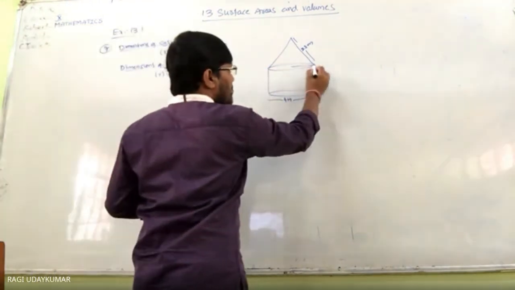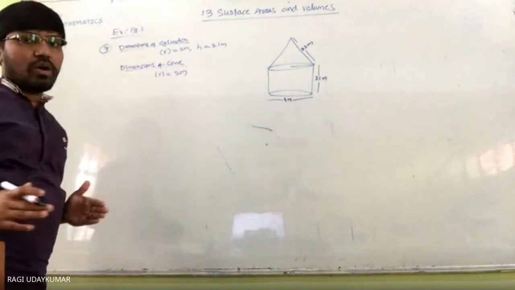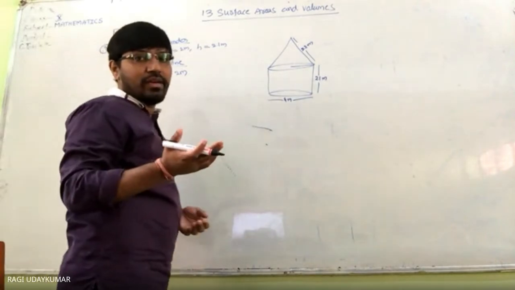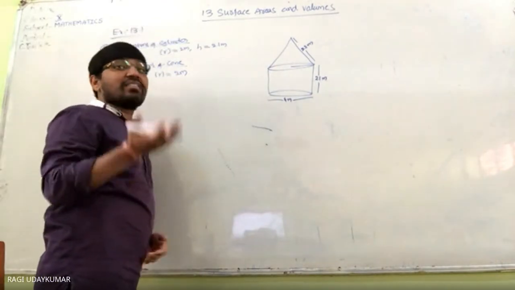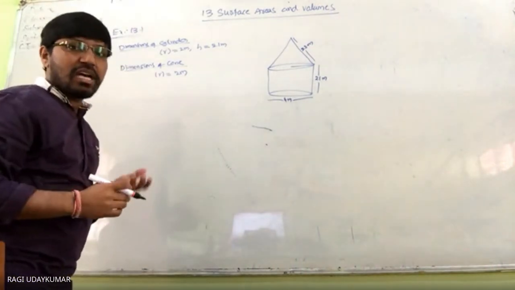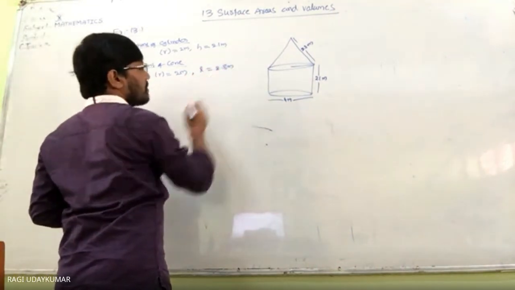Because cone radius is equals to the exactly उसके ऊपर हो गया है. Radius of the base of cone. Here r is nothing but क्या? Radius of the base of the cone. And slant height L is equals to 2.8 meters.